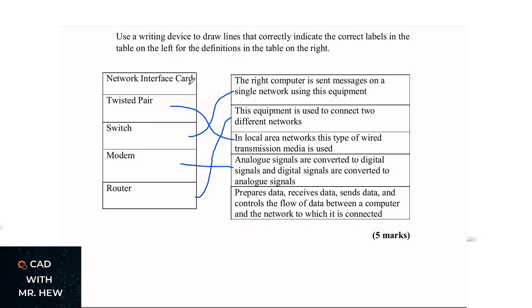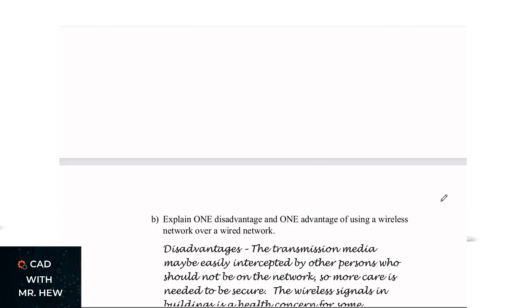And then the network interface card, the correct answer for this definition is prepares data, receives data, sends data, and controls the flow of data between a computer and the network which is connected. This question is worth 5 marks.